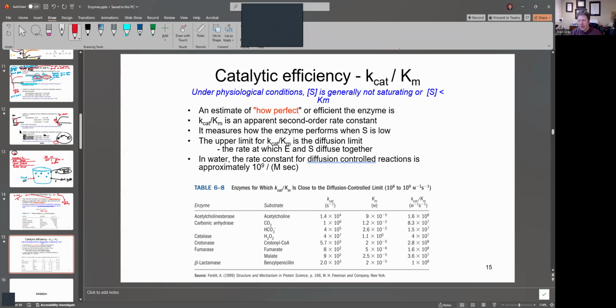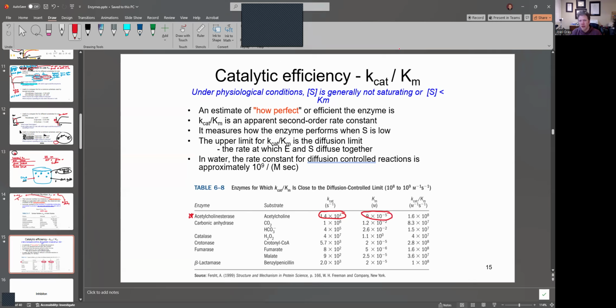If you have a Km that is extremely low, then you're binding it very tightly, and so the amount of substrate that you're converting to product is going to be impacted by that. Now, you want to balance those two things, like what we see here with acetylcholinesterase. This shows a Kcat of 1.4 times 10 to the fourth and a Km of 9 times 10 to the negative fifth.